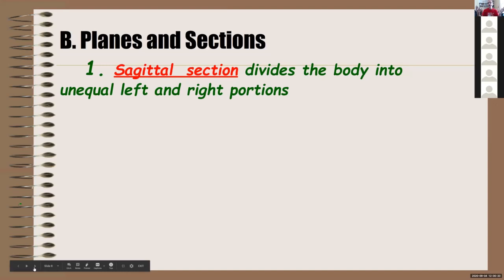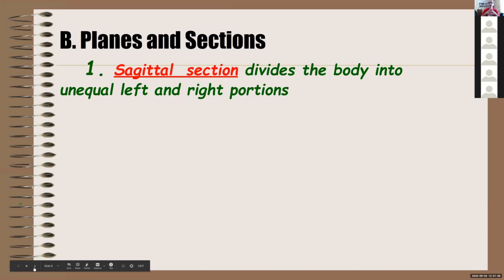If you have quiet and you're okay repeating after me, that's a really good idea because it will help you learn the vocabulary better. Not only does it help you sound out words, but by speaking the word, it actually helps your brain create a connection so that you'll remember it better. So please repeat after me, sagittal section.